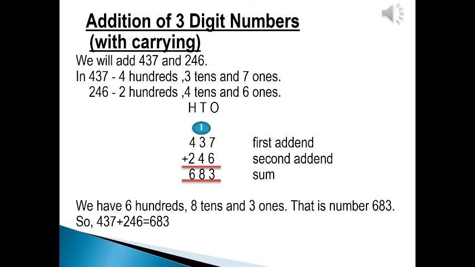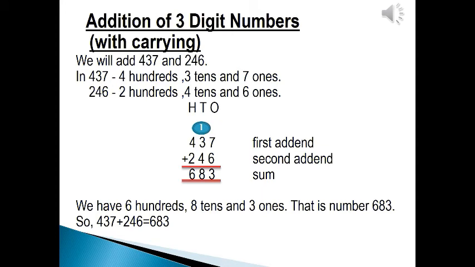7 plus 6 is equal to 13 and 13 is equal to 3 ones and 1 ten. So, 3 will be in ones column and 1 ten will be carried forward in tens column.